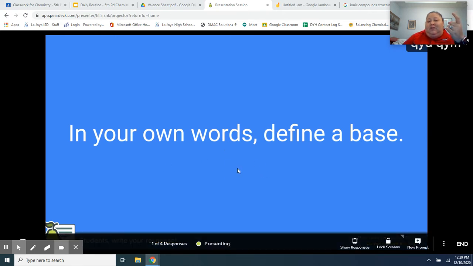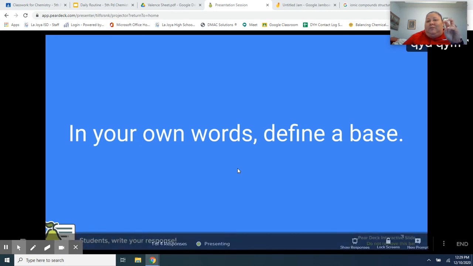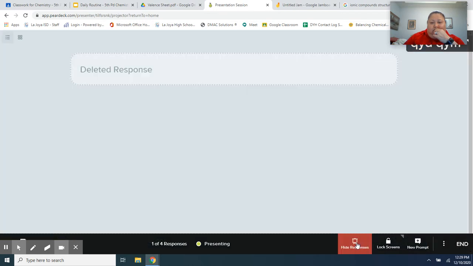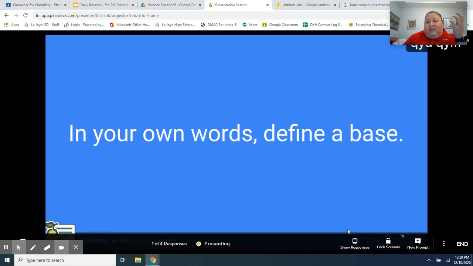Do you guys remember? What was the second part? What happens if you drop a base into water? What always breaks apart? They started to write and then they deleted their response. Hello, anybody out there? I need help on defining what a base is.